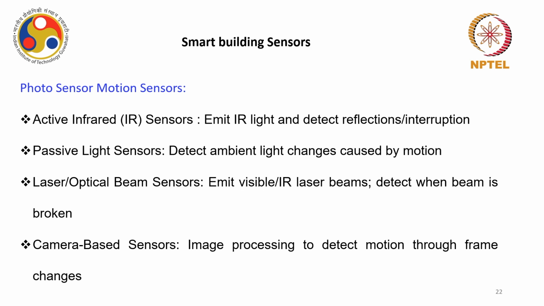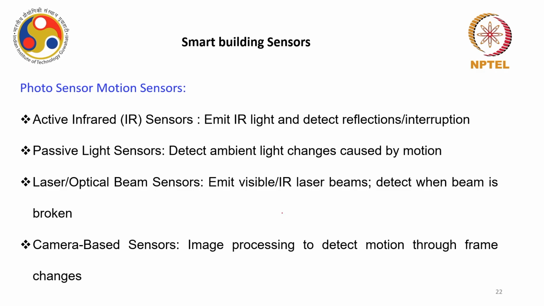For the passive light sensor, you have to detect the ambient light changes caused by the motion. For the laser beam sensor, the light emitted by the IR beams is detected when the beam is broken.